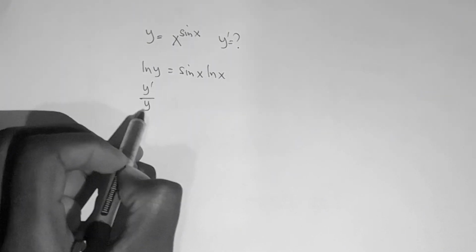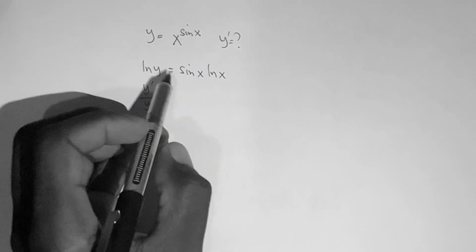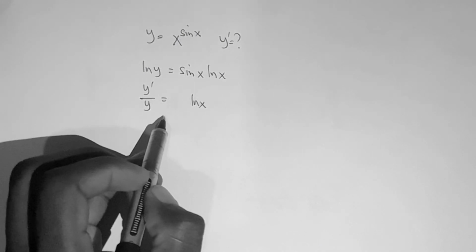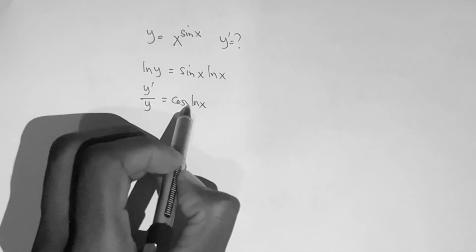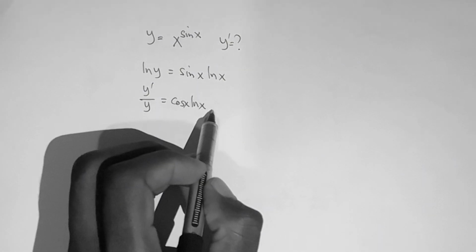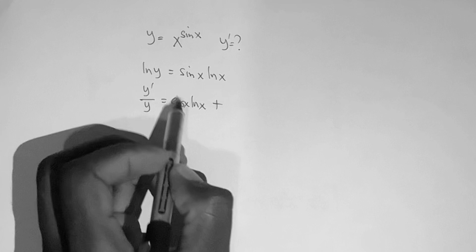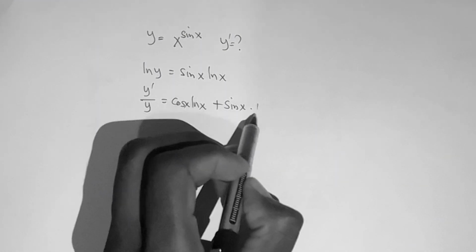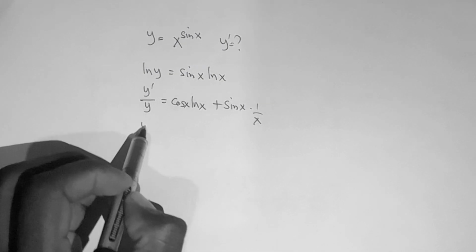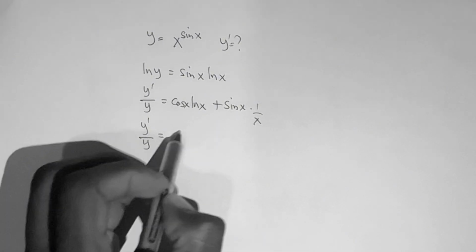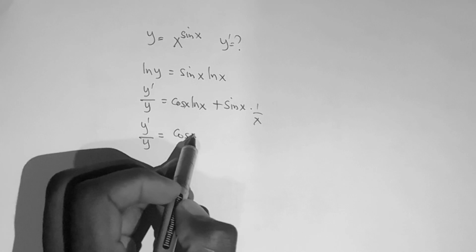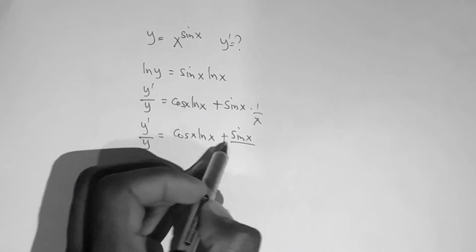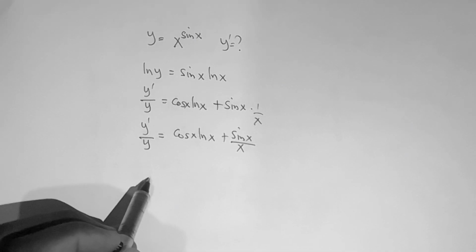So y prime over y is equal to, maintain ln x and you differentiate sine x, you get cos x, so cos x ln x, then plus maintain sine x, then differentiate ln x, which is 1 over x. So y prime over y is equal to cos x ln x plus sine x over x.